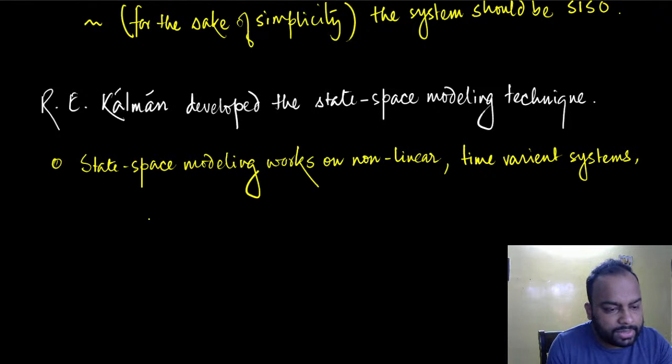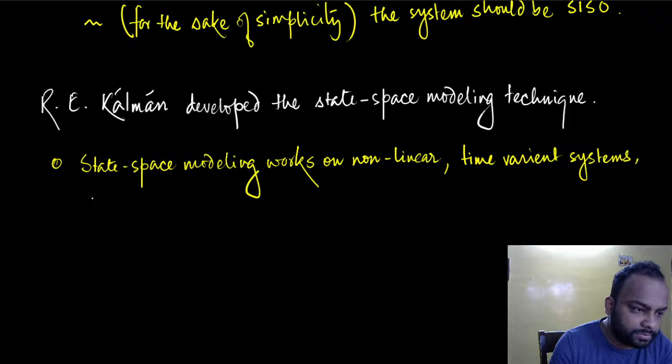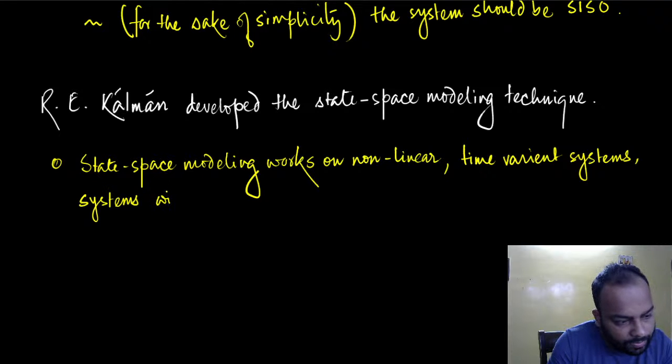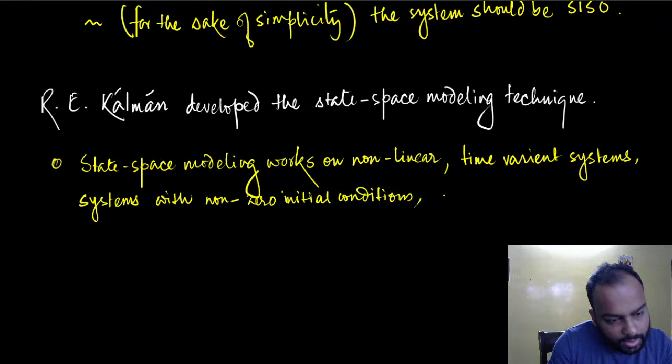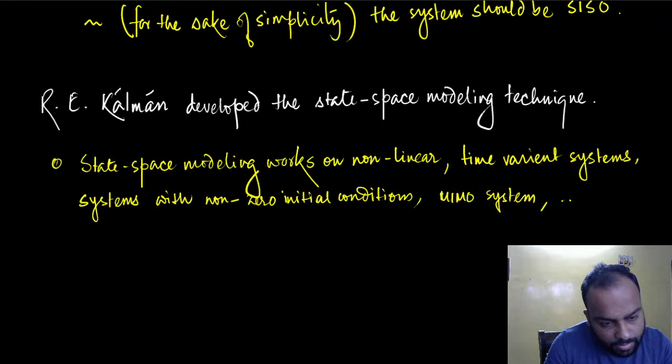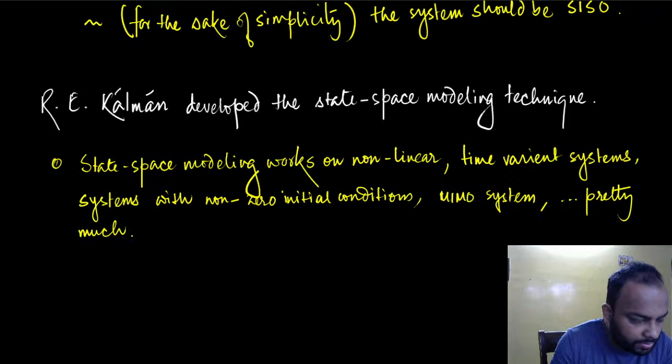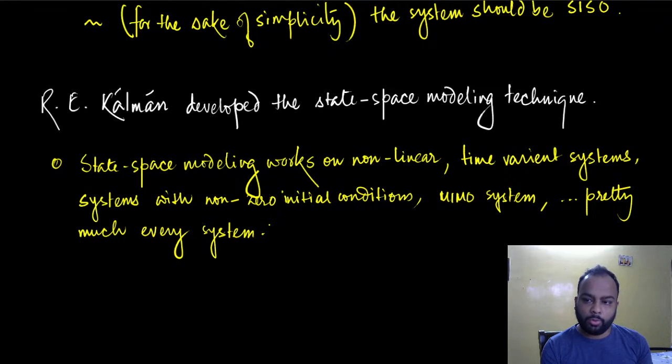Nonlinear systems, time variant systems, systems with non-zero initial conditions, MIMO systems, pretty much every system. So state space modeling works on pretty much every system.